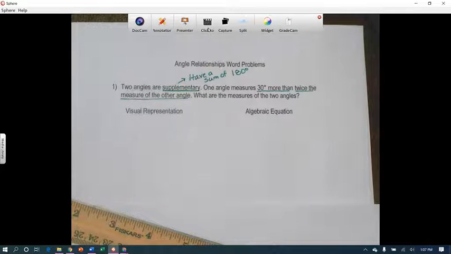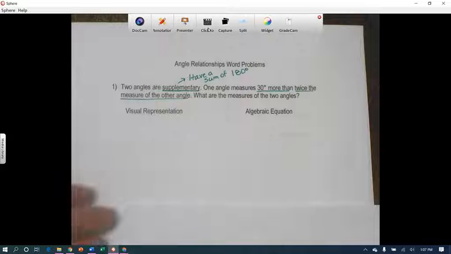So to start off, I think that it's best if we take all of this information and put it into a visual representation. I'm going to draw a picture of these supplementary angles so that I can visualize what this means, and that will hopefully help us.